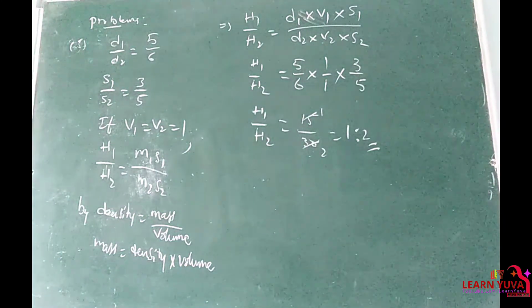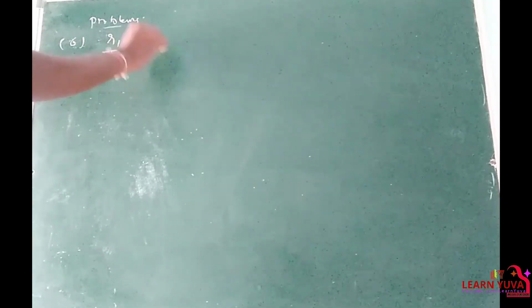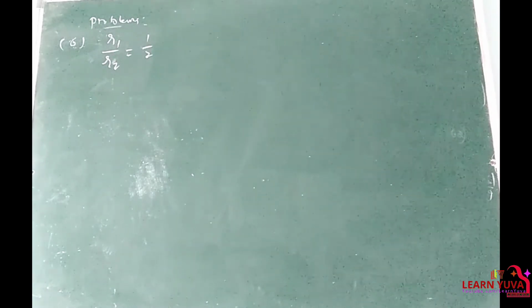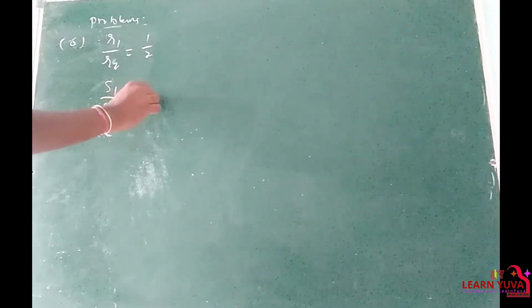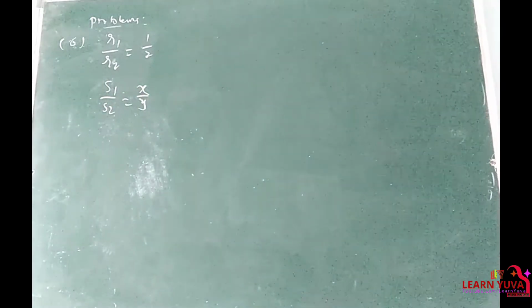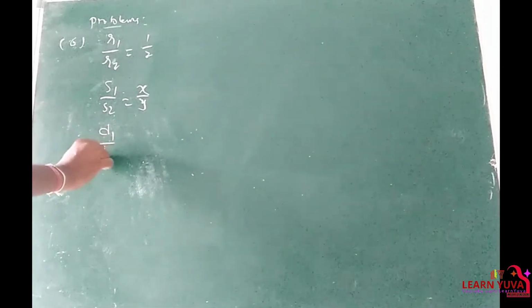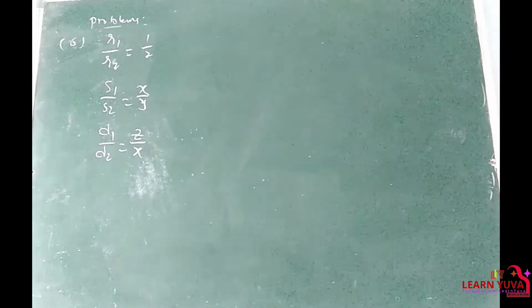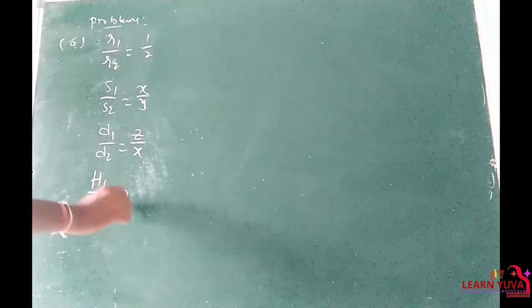The ratio is 1:2. Next, two spheres of radius 1:2 have specific heat ratio S1 by S2 is equal to X by Y, and densities are in the ratio Z by X. Then the ratio of the thermal capacities, H1 by H2, we have to find out.